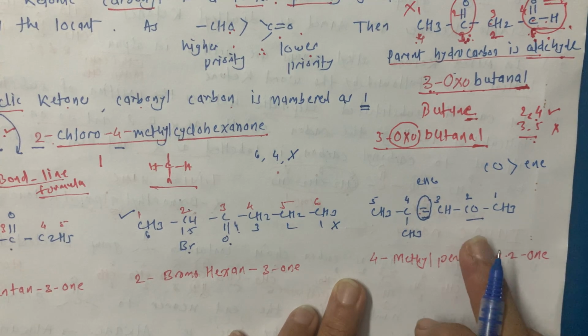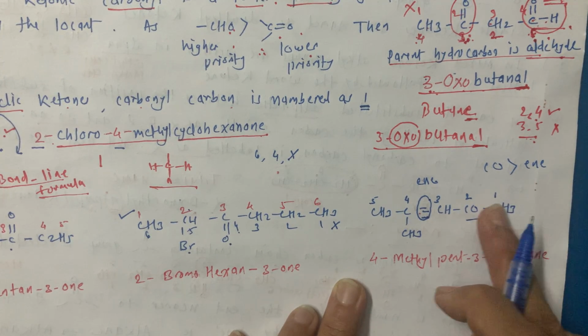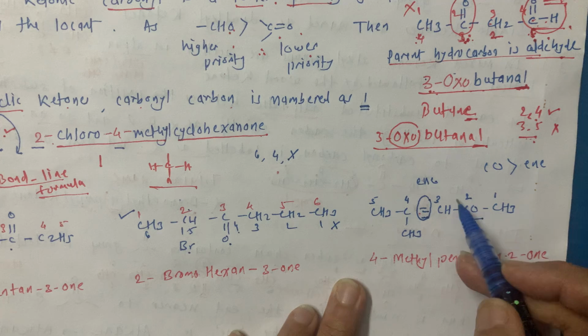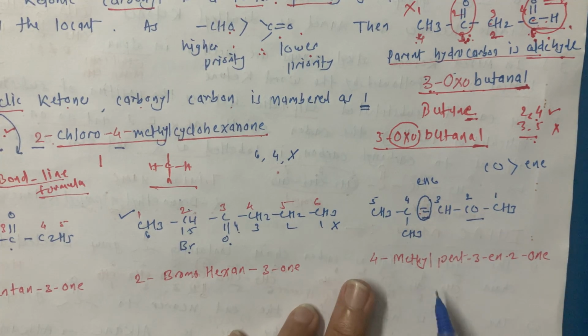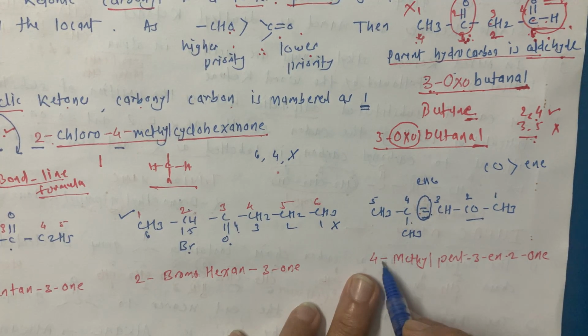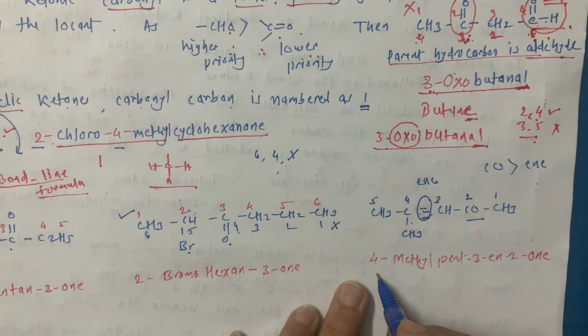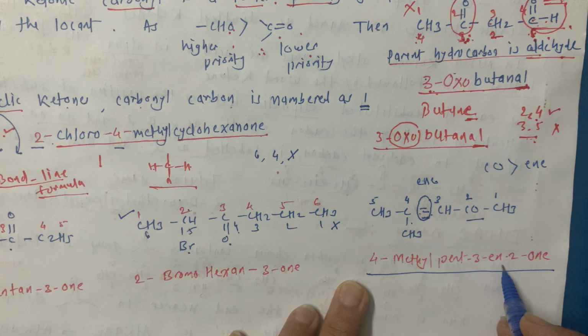That's why we have to give the lowest number to this. So we number this way, 1 2 3. Then on the third carbon there is a double bond, and on the fourth carbon there is a methyl group. So the name of the compound is 4-methylpent-3-en-2-one.